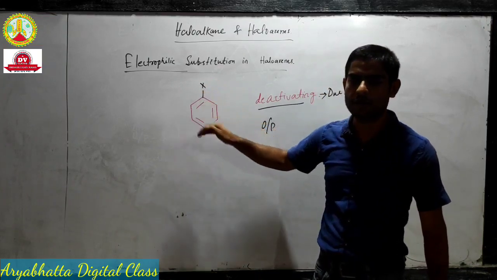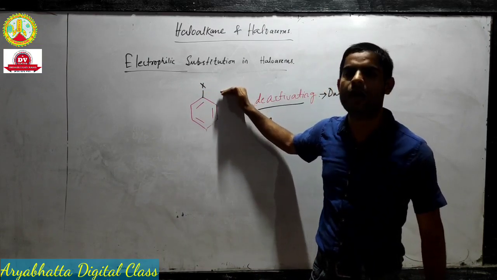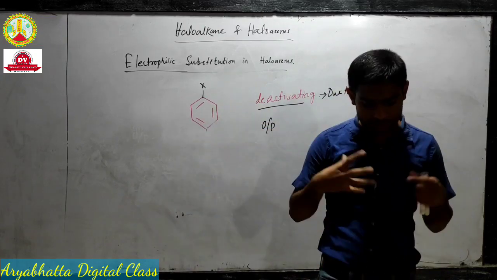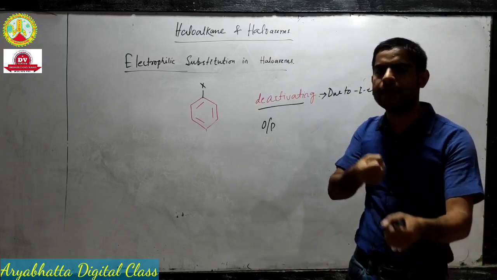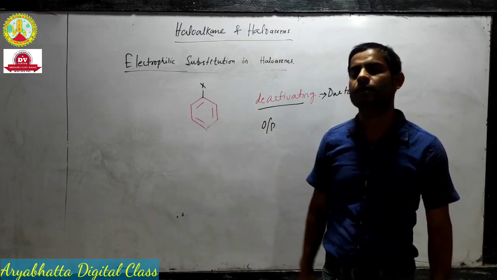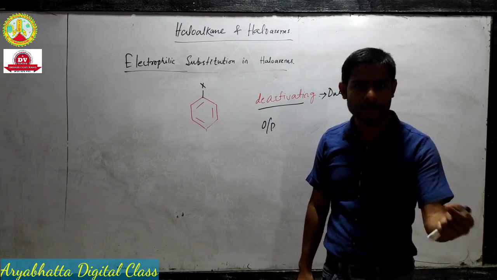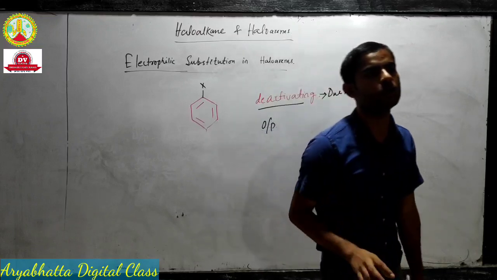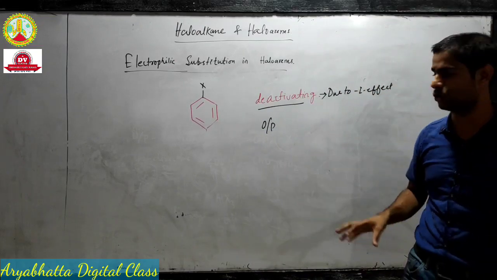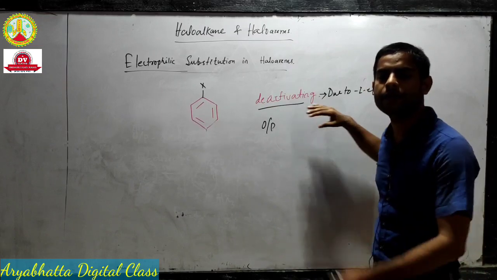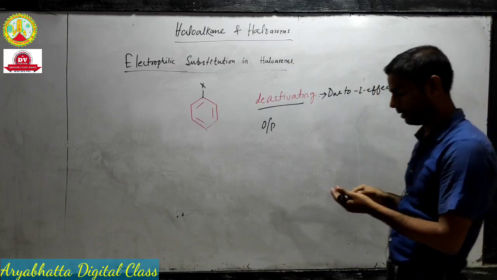What halogen will do is pull the electron outwards. So when it pulls the electron from the ring, the electron density around the ring reduces, hence it reduces the ability of the overall molecule towards electrophilic substitution. So it is deactivating in nature, because of the negative I effect.